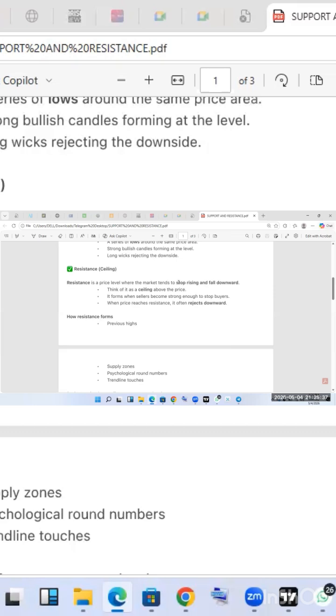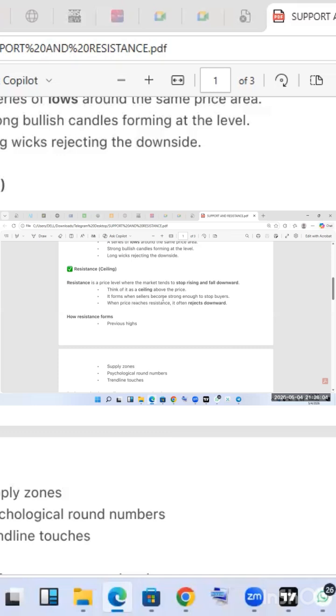Sellers are always in charge here because they know price has been overbought and they want some discount. They will sell at resistance and take their profit, and after giving the price some discount, they can buy at support. They will send the price back to the support zone before price moves up again.